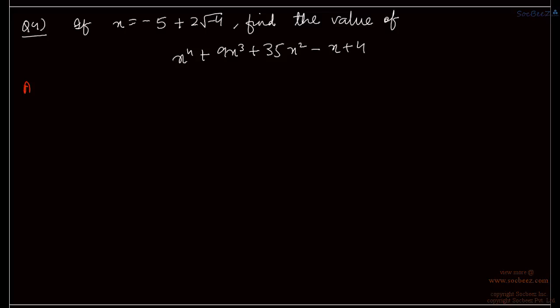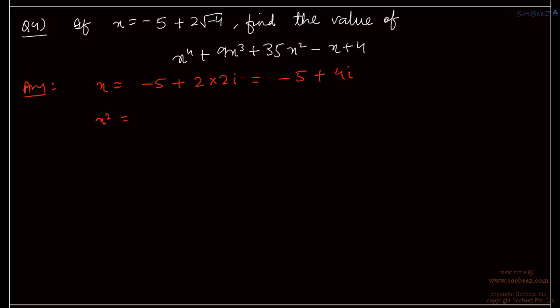Now, x is nothing but minus 5 plus 2 times root of minus 4, which can be written as root 4 into root of minus 1. But root 4 is 2 and root of minus 1 is i. This is just 2 into 2i. It is equal to minus 5 plus 4i. Right? So this is our x.